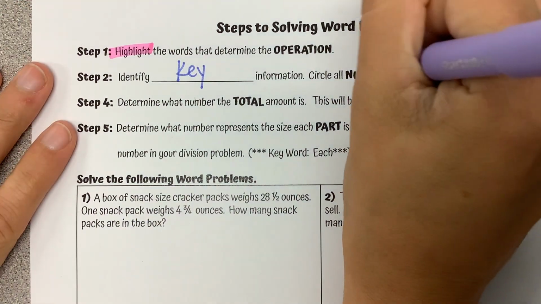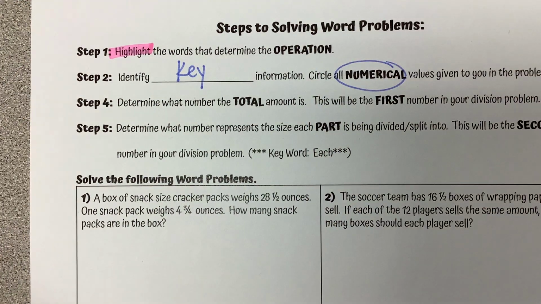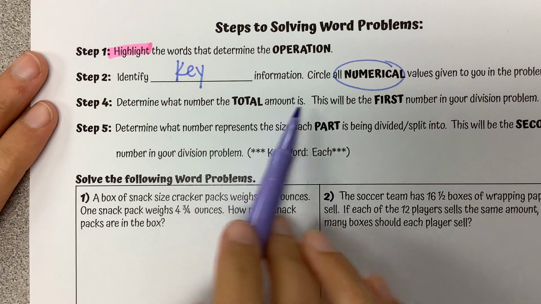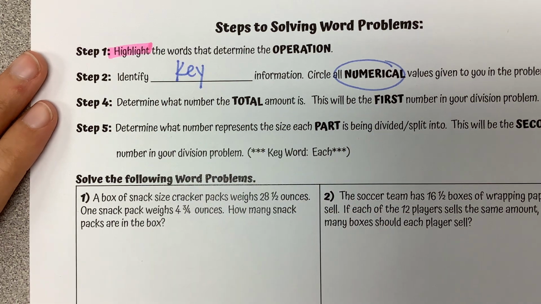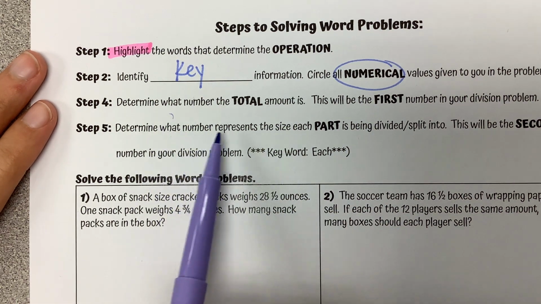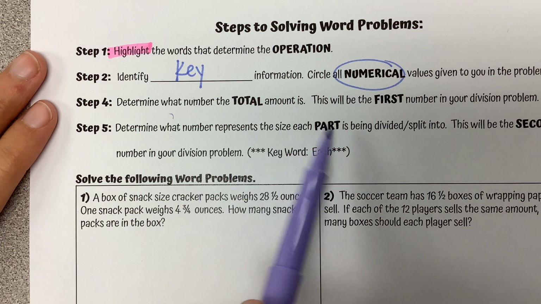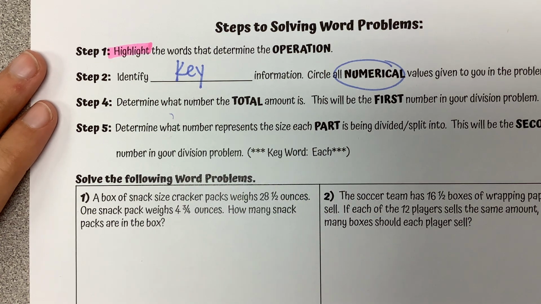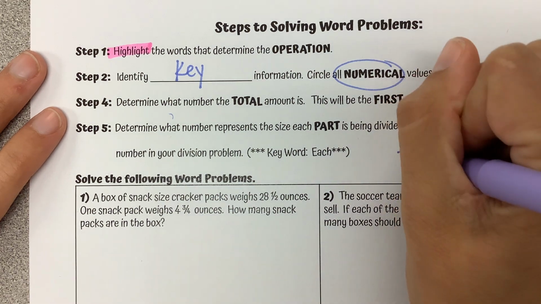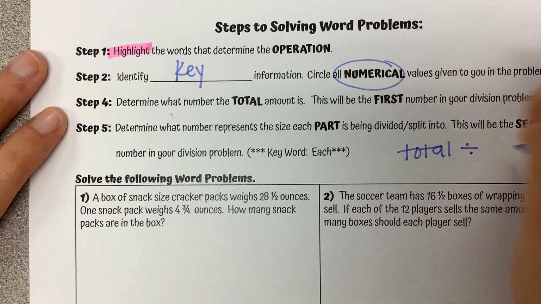And we want to do that by circling numerical values that are given to us. We'll determine what the total is. That's going to be the first number in our division problem, and determine what number represents each part, the part that's being divided. This is going to be the second number in your division problem. So it's going to be the total divided by the part.